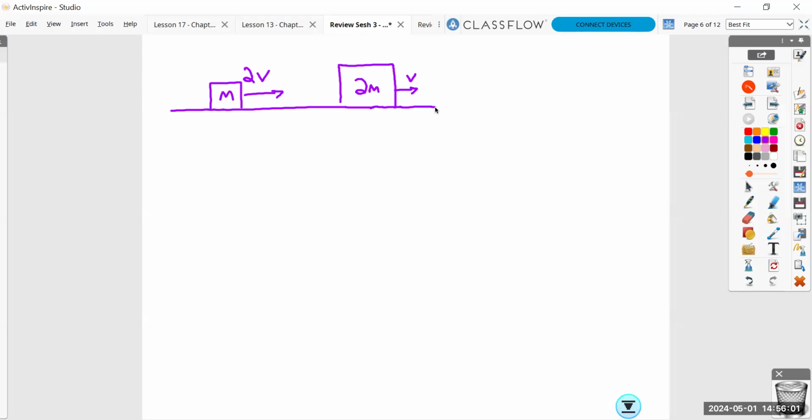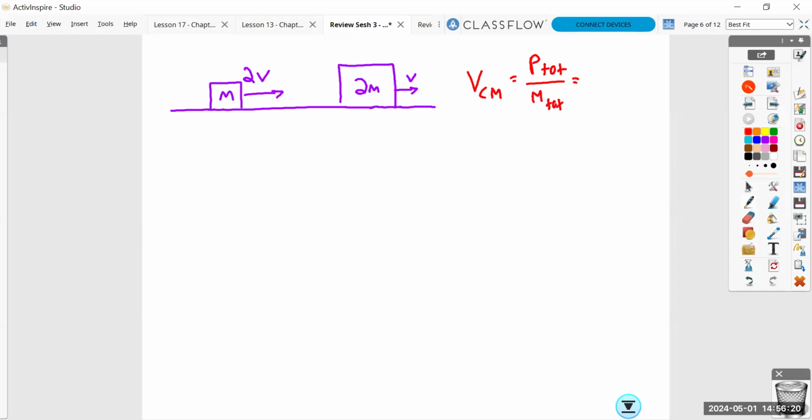The way we did elastic collisions is that the first thing we tried to find was the center of mass velocity of the system, by looking at the total momentum over the total mass.